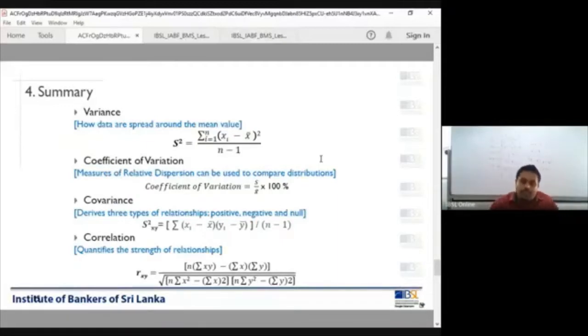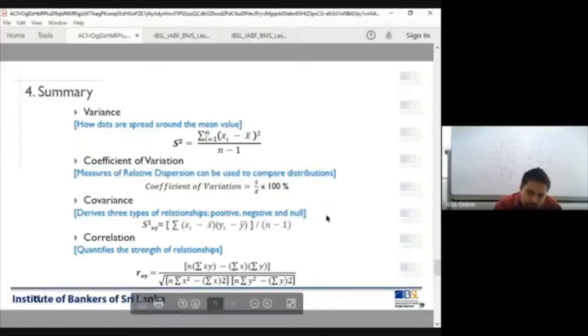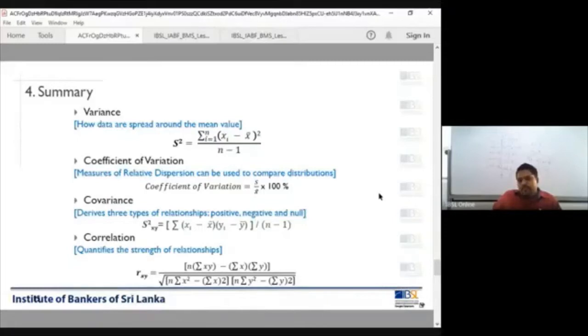Today's lecture concluded with identifying two main statistical indicators for two-variable scenarios, independent and dependent variables, x's and y's, where data pairs of xi's and yi's could be applied to these two equations of covariance and correlation coefficient to identify the indicators s squared xy or rxy.